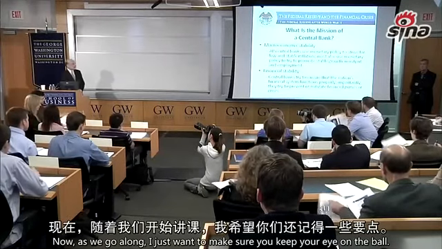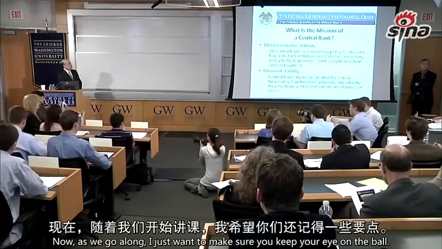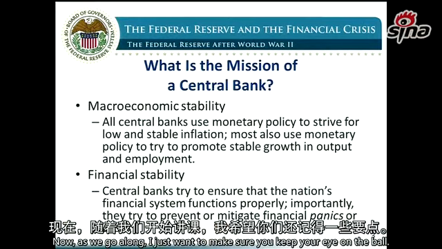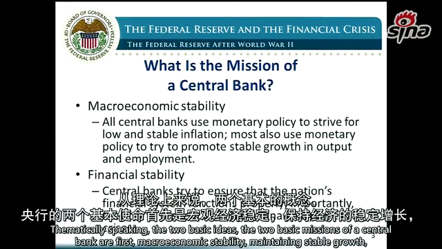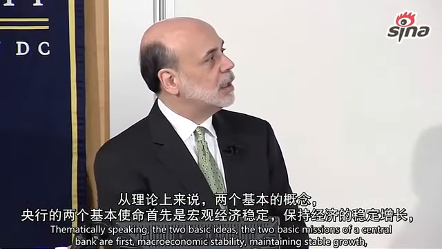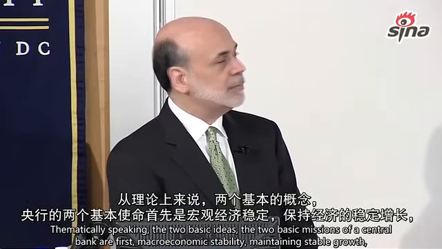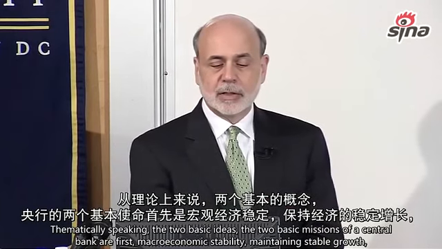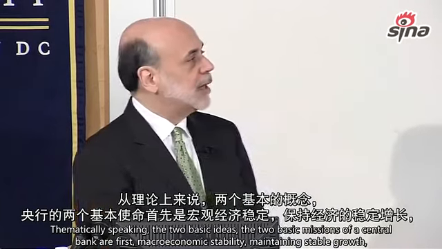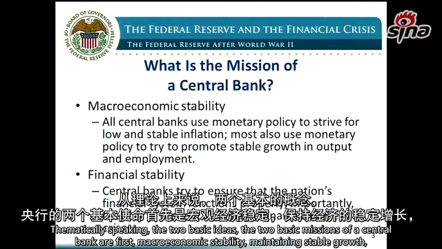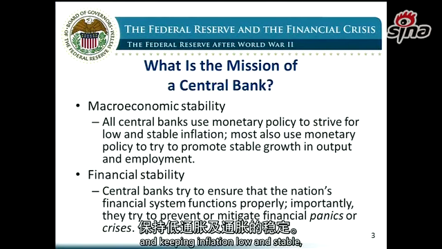Now, as we go along, I just want to make sure you keep your eye on the ball. Thematically speaking, the 2 basic ideas, the 2 basic missions of a central bank are first, macroeconomic stability, maintaining stable growth and keeping inflation low and stable.